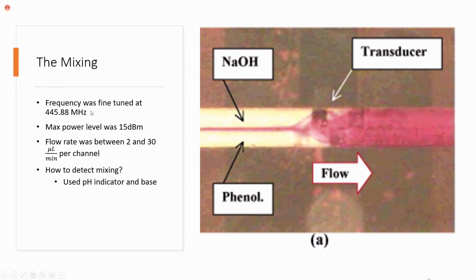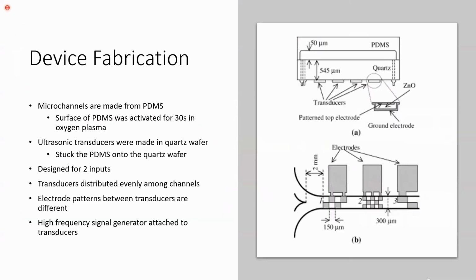But in general, the frequency does have to increase for a higher flow rate, because the flow is going faster through these channels. So you want a higher frequency for these sounds to interact with the fluids to allow the mixing. Okay.